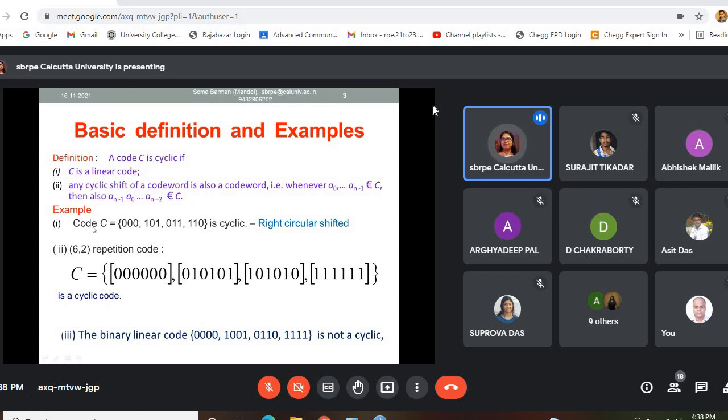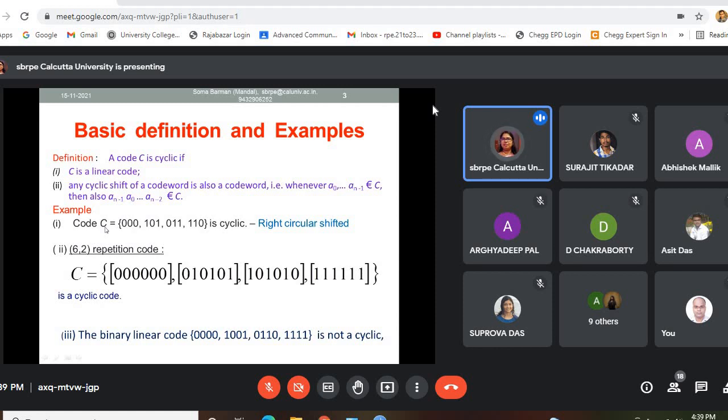Now take an example, code C. Code C is a set, and within this set there are the subsets 0, 0, 0, then 0, 1, 0, 1, 0, 1, 1, 1, 1, 0. If I say this is a cyclic code, it must satisfy the properties of the linear block code because it is a subclass of the linear block code.